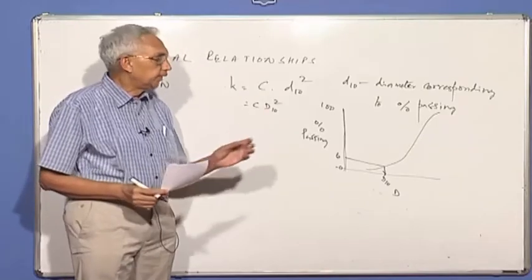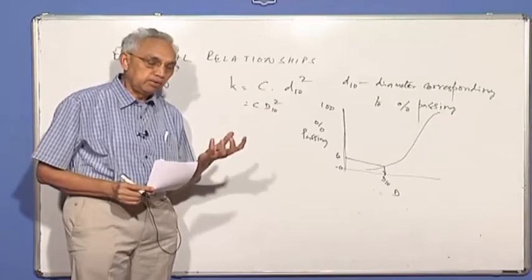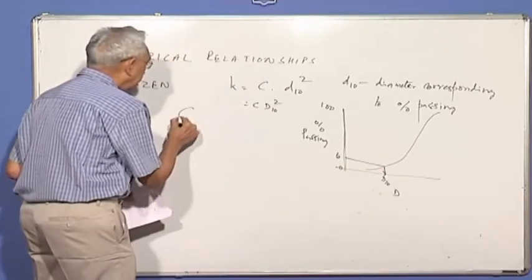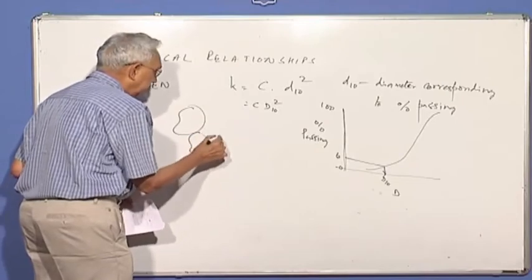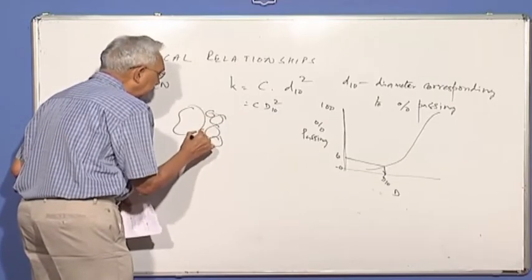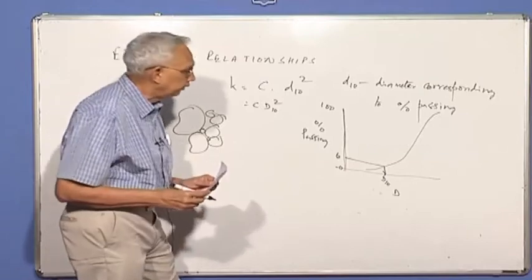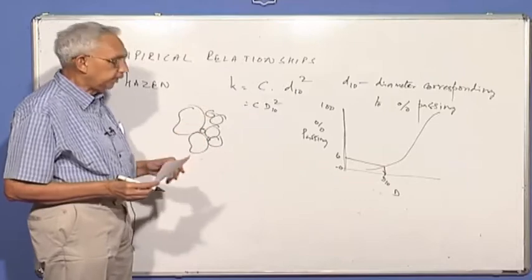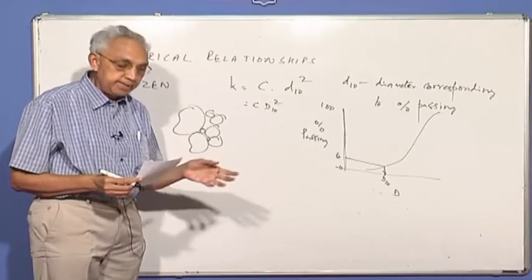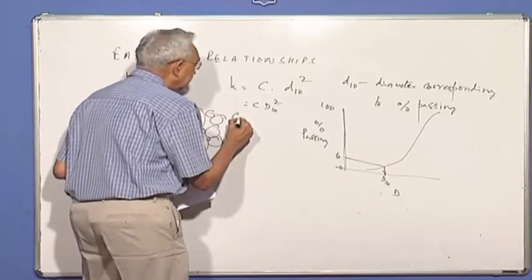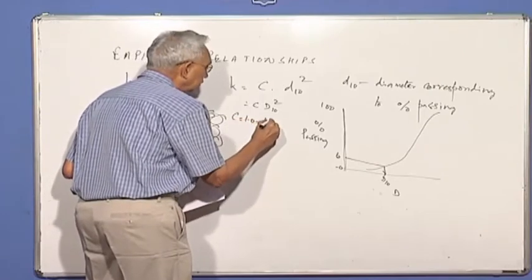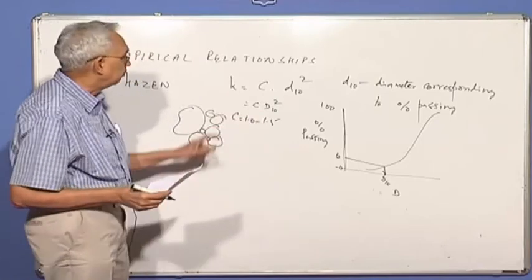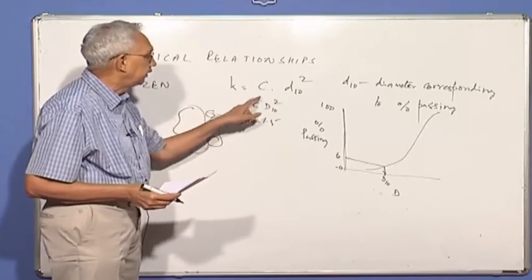The reason is the smallest void or the normal void size will not depend on the big particle size. If I have a big particle, another particle here, etc., the void space here will be dependent on D10 and not on the large size. So Hazen said this may be the criterion, and he said the constant is around 1 to 1.5. And that's how you can calculate the permeability based on D10 and using a value.